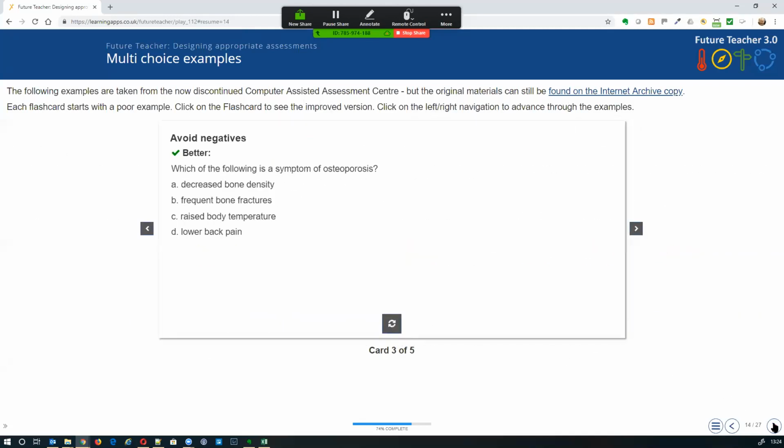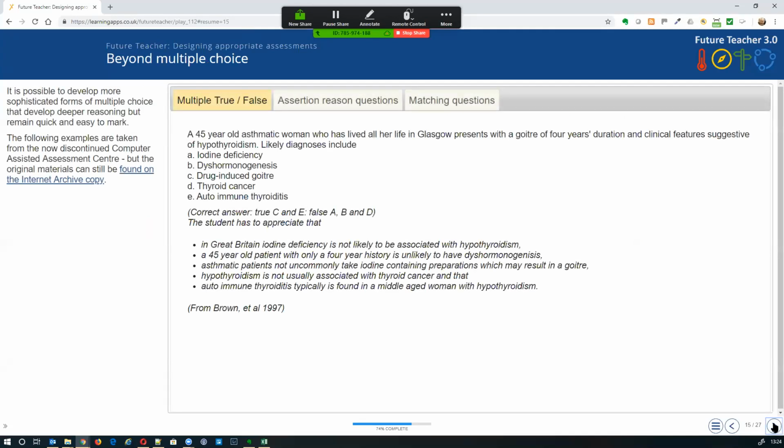But how do we go beyond multiple choice without going into essays? So we've got this resource that you can look at, with some variations on making multiple choice more rigorous, less prone to the statistical stochastics of probability. That was quite a nice phrase. I must remember that. So looking at multiple true and false.